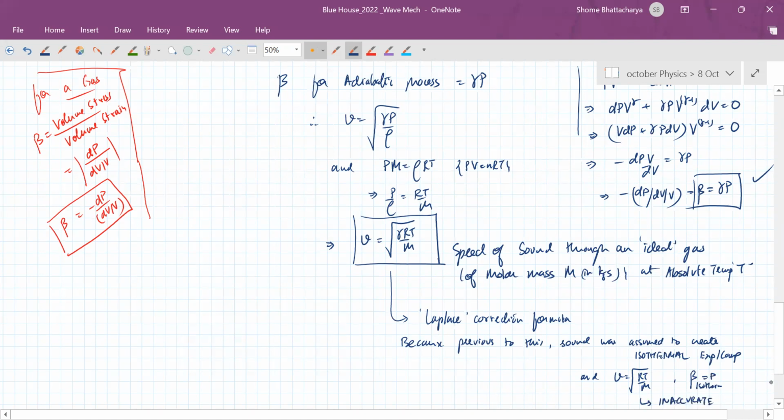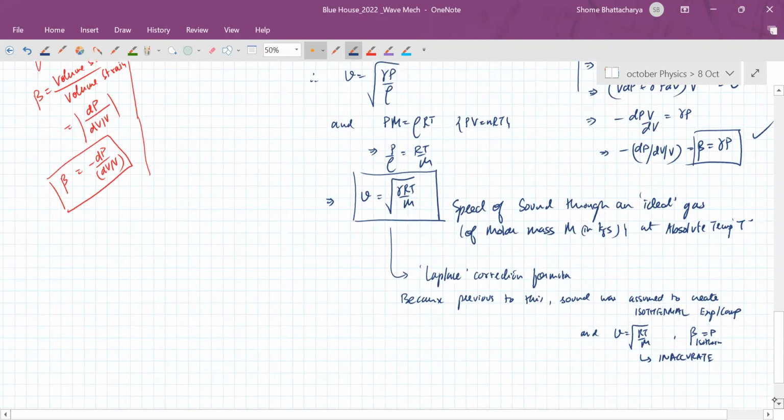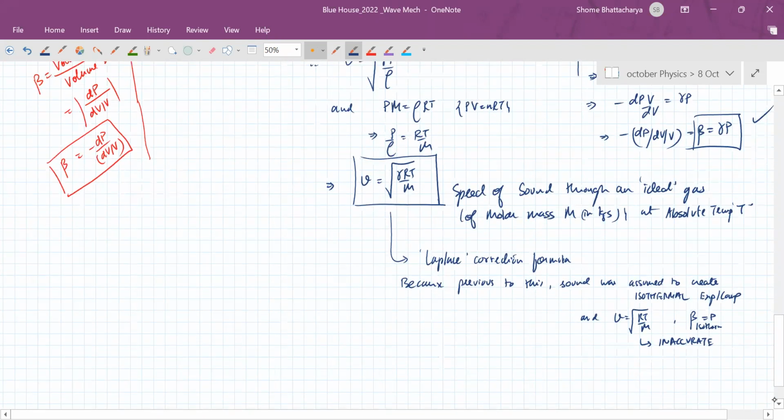It was theory-wise wrong, and also experimentally, when the values were compared with the theoretical value from this formula, it was found to be incorrect.